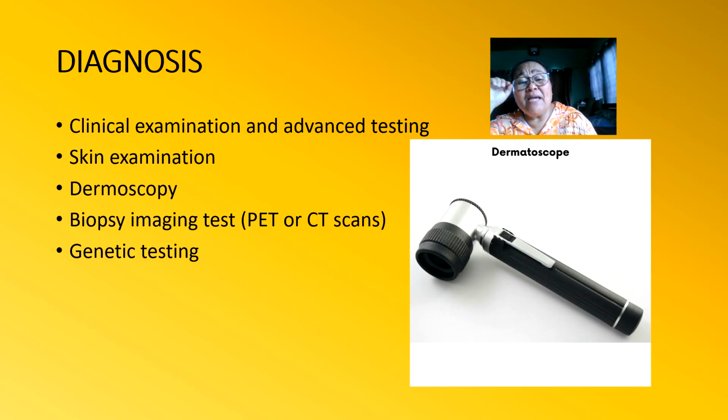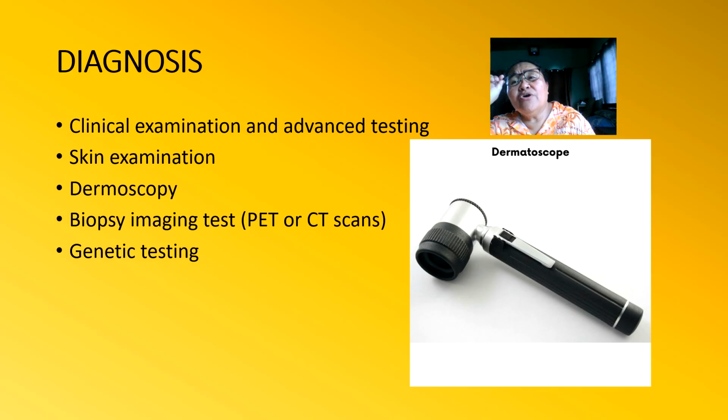For patients with advanced melanoma or suspected spread, imaging studies such as CT scans, or computed tomography, and positron emission tomography, or PET scans, help to determine if the cancer has spread to lymph nodes or distant organs. And the last but not the least is genetic testing.